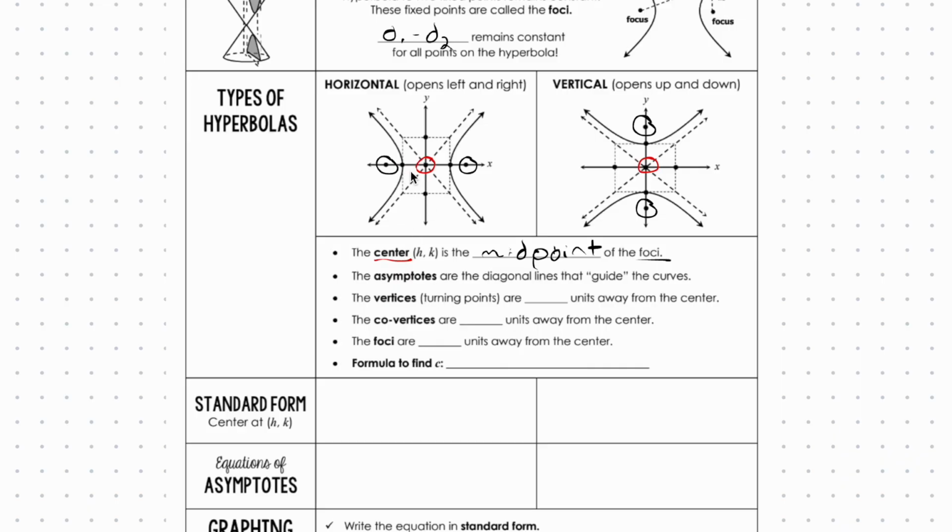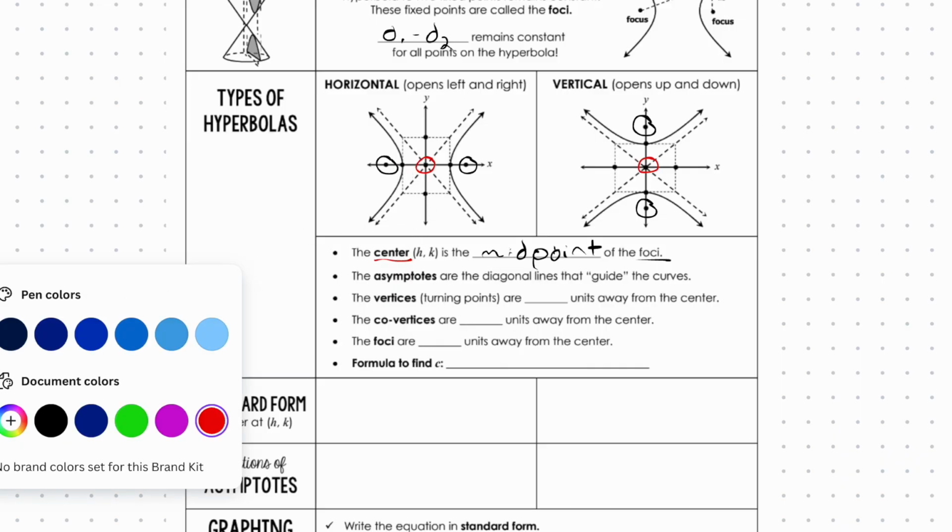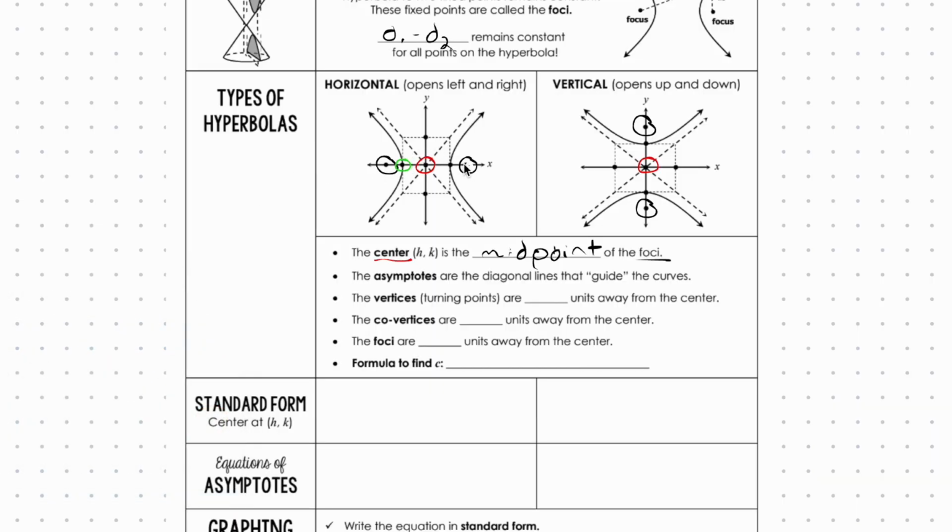Our vertices are going to be the points on the actual graph. For example, here this is one of our vertices, this is another, and here is another one. They're going to be plus or minus a units away from the center. We're going to talk about that a little bit more later as we get into the standard form of hyperbolas. Our co-vertices are going to be on the other edge of that invisible box we create.